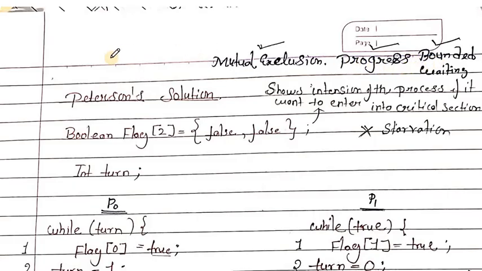So now the third solution of the critical section problem is the Peterson solution, which satisfies all three necessary conditions: mutual exclusion, progress and bounded waiting.